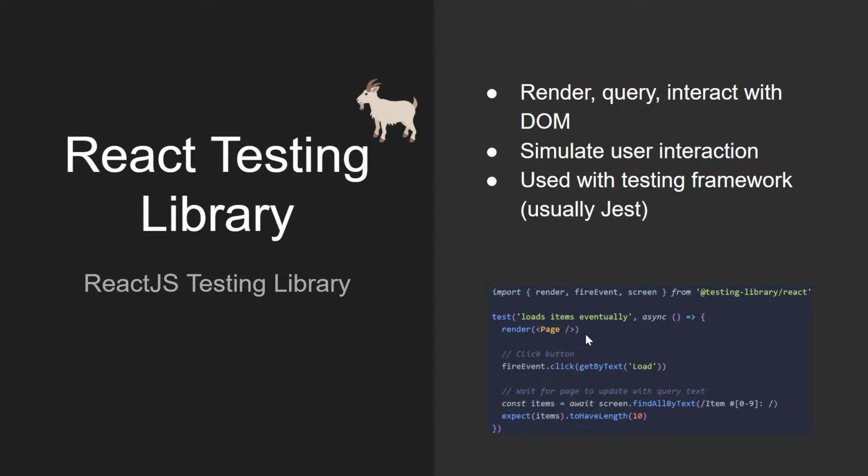Here we see a Jest test, and here we are using the render method to render a component in question that's being tested. We're using fireEvent to click a certain button that we get by querying the text to load, and then we're evaluating how that went down here. So we'll see many examples of this later.